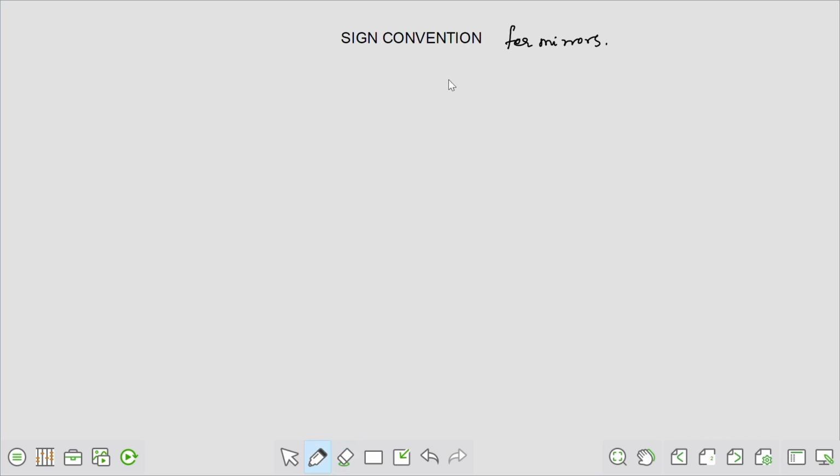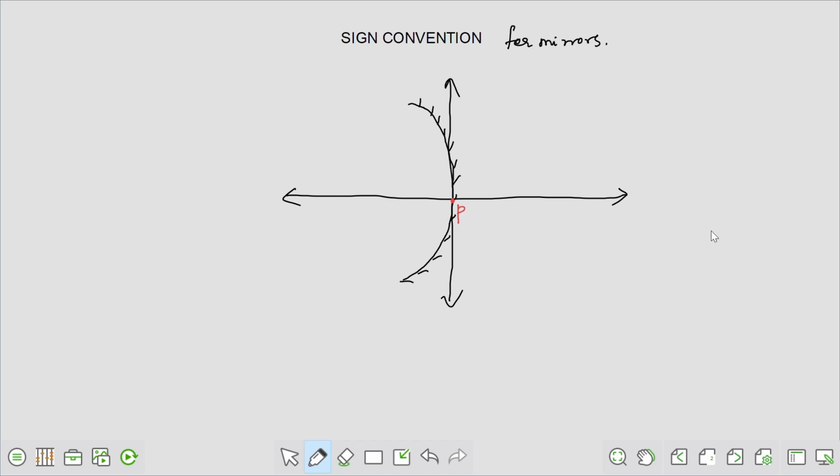So I am drawing the Cartesian coordinate again. You have the axis. Now let's start with a concave mirror. The reflecting surface should face towards your left, and we know that the mirror has a pole P. For mirrors, the pole is taken as the origin.